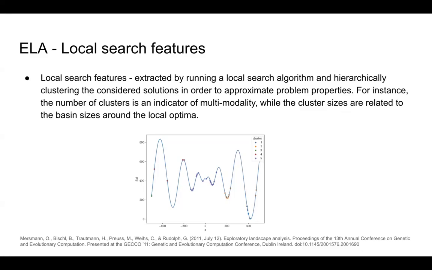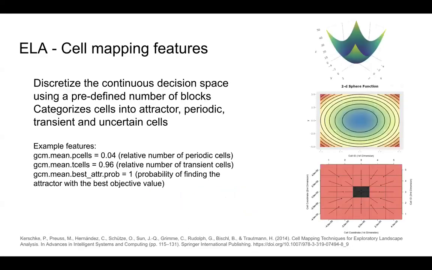And the kind of information that this is supposed to capture is like the number of clusters can give you some indication of whether this function has just one global optimum or multiple local ones, while the size of the cluster can tell you how large are these basins of attraction within the function.